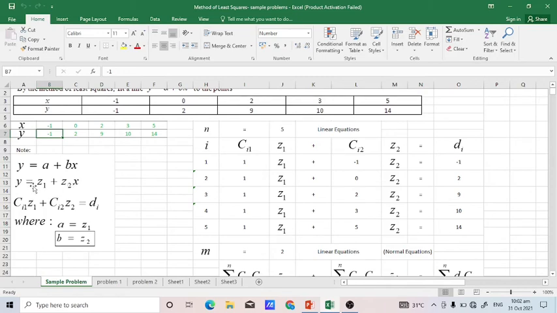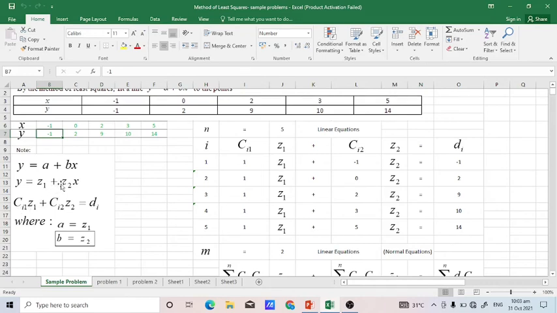Tapos naglagay ako dito ng z sub 1. Nasa inyo kung ano yung gusto niyo, kung gusto niyo pa rin ay a and b, okay lang. Prefer ko lang ng ganitong format, no? So z sub 1, no? So kumbaga, yun yung coefficient ng z sub 1 ay 1, right? Yun ang magre-represent na c sub i1.